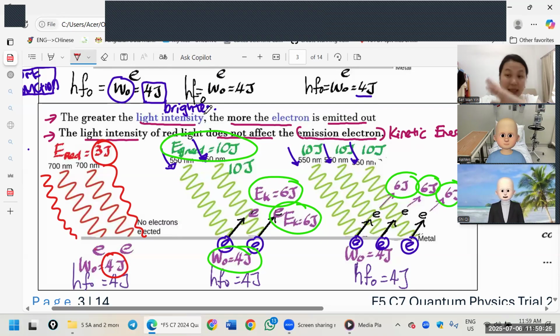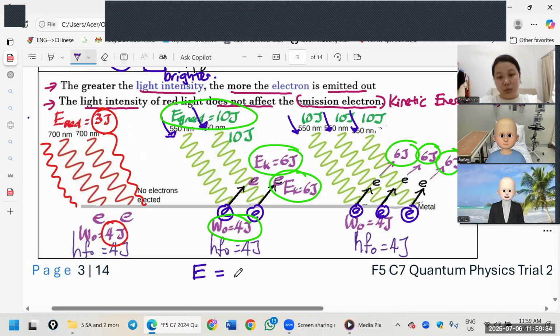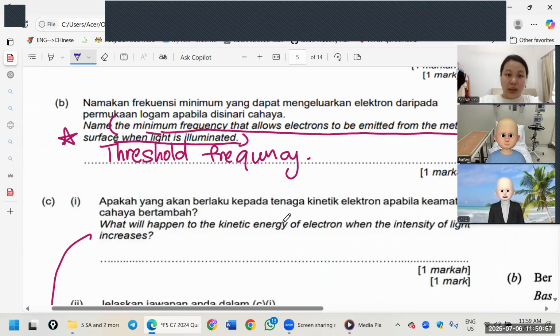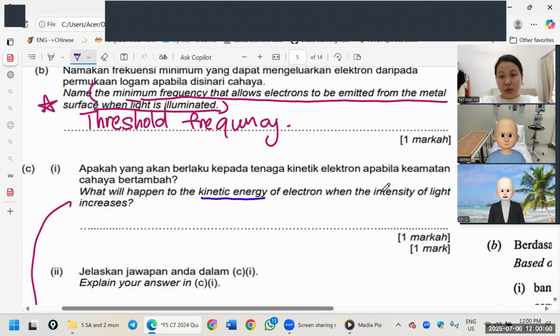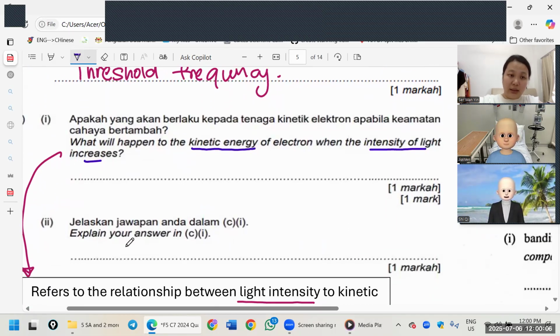Light intensity does not affect kinetic energy, because look at the formula: E equals to work function and kinetic energy. Does it tell anything about light intensity? Nothing. So we only compare energy with energy and energy. So now what's your answer? What will happen to the kinetic energy when light intensity increases? Answer. Reason.